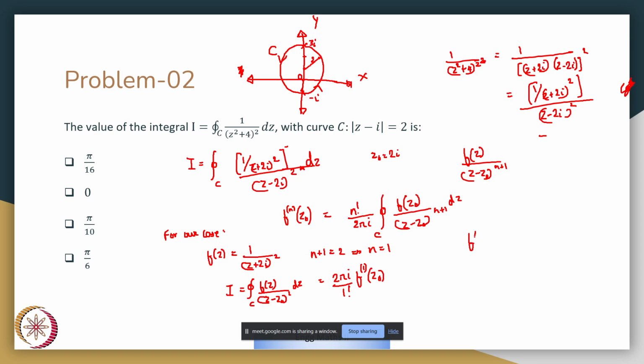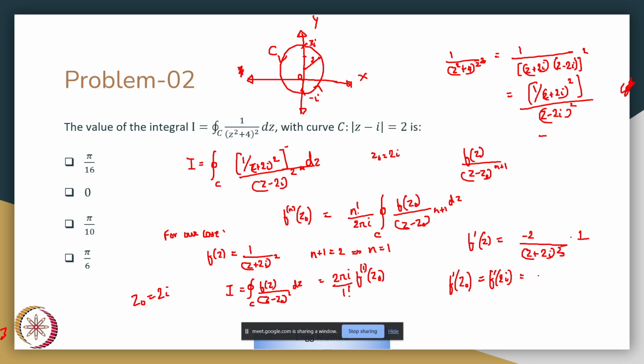If we take f dash of z, it is nothing but minus 2 upon (z plus 2i) whole cube, into 1. So if I take the first derivative at z naught, it is nothing but f dash at 2i, since z naught is 2i for our case.